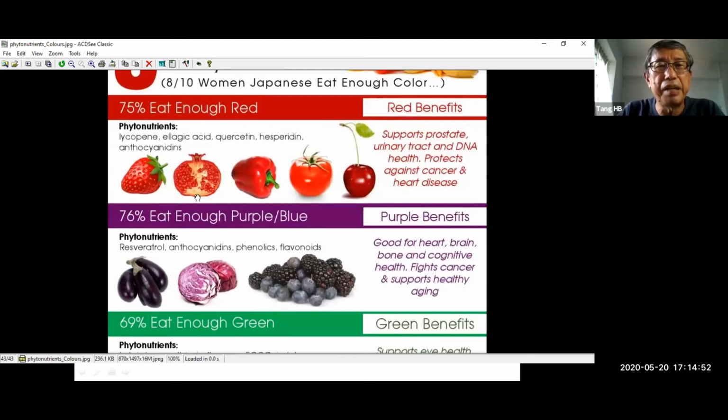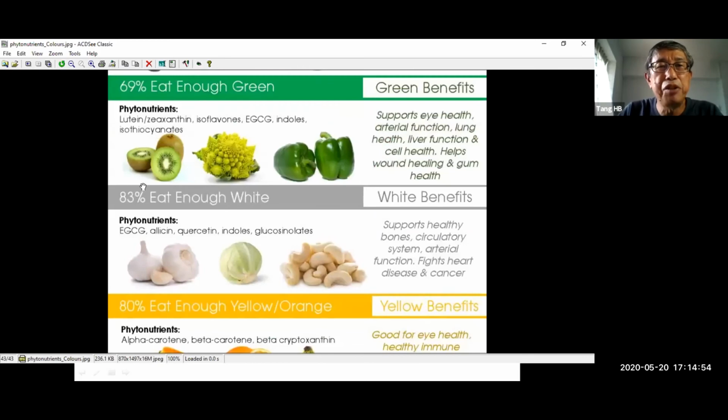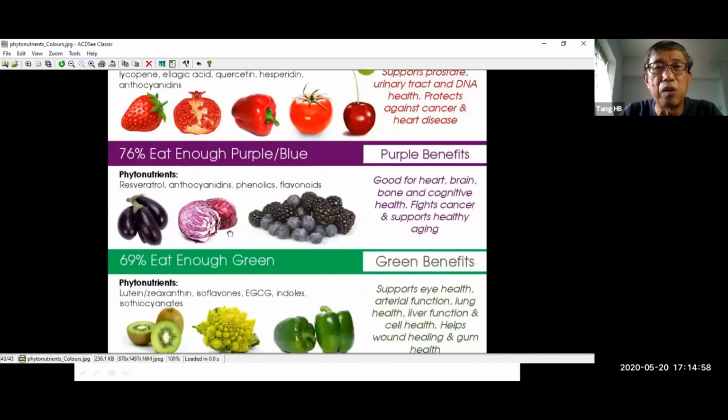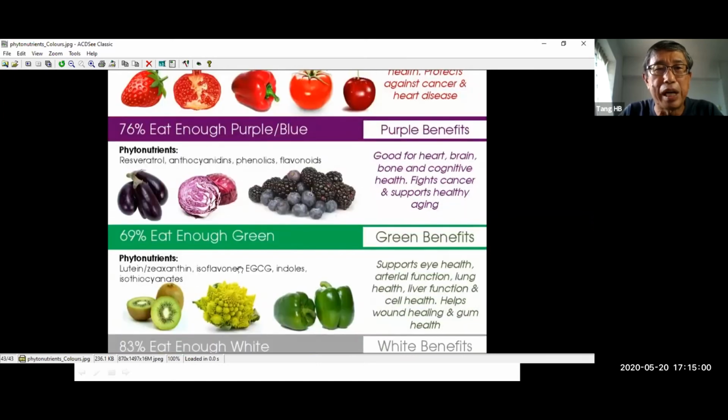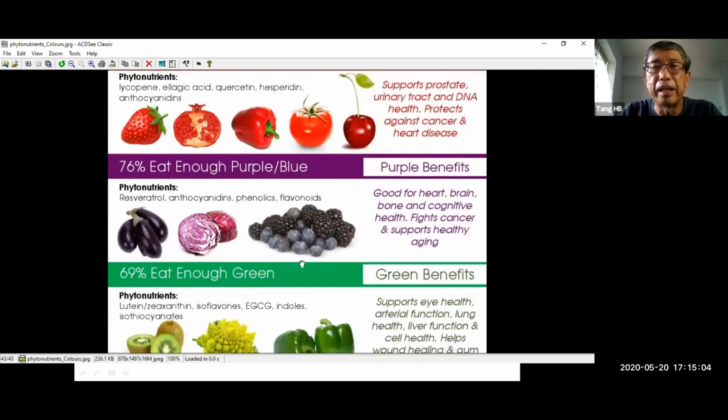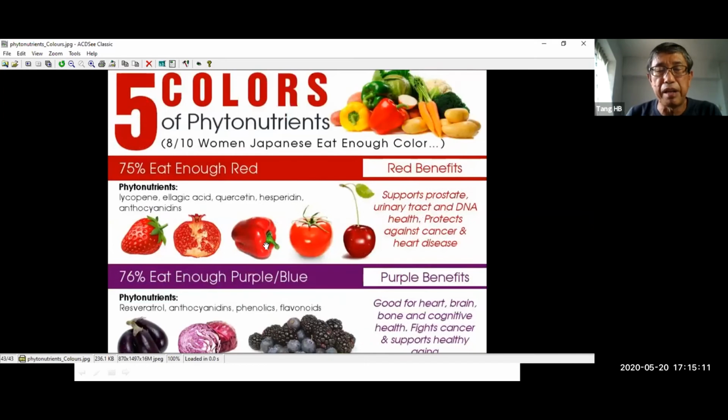And different color food will give you different types of phytonutrients. And you can see the names here. Some of these names we are not so familiar with, but some are quite familiar, right? So we are advised to eat fruits and vegetables of different colors, because then we will get a wide range of phytonutrients to protect our health against diseases.